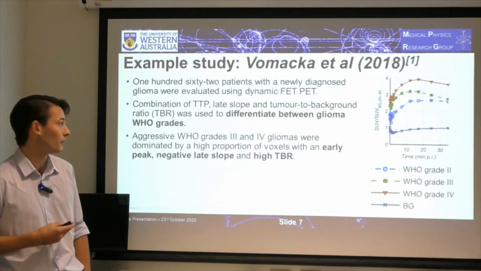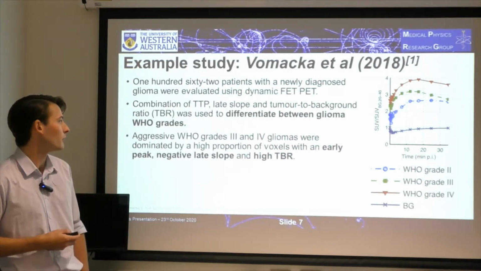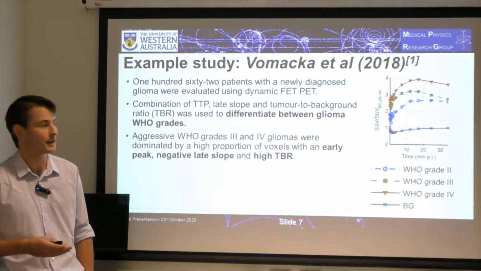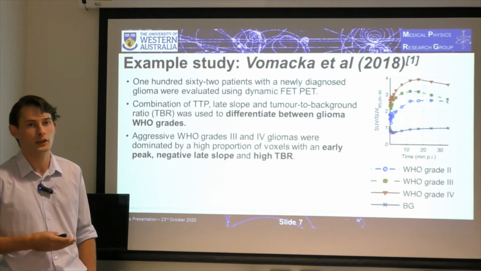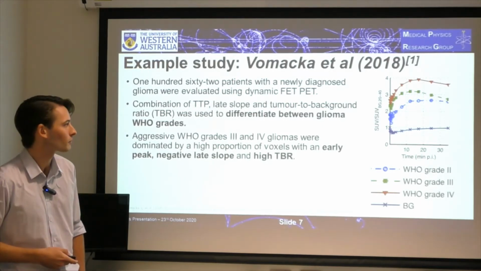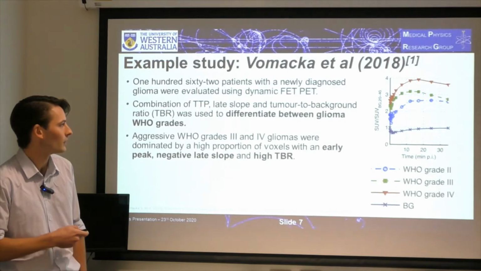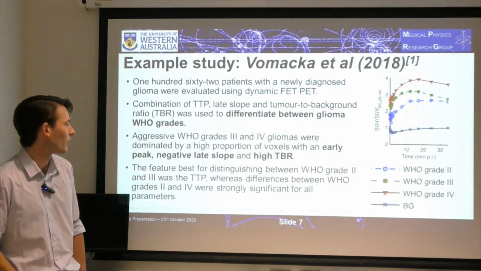Aggressive WHO grades 3 and 4 were dominated by a high proportion of voxels with an early time to peak, a negative late slope, and high tumour to background ratio. As you can see on the right here, the average high grade curve tended to follow this shape here with that negative late slope as I just described.